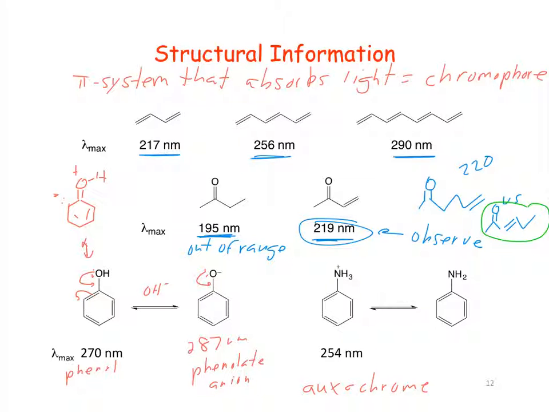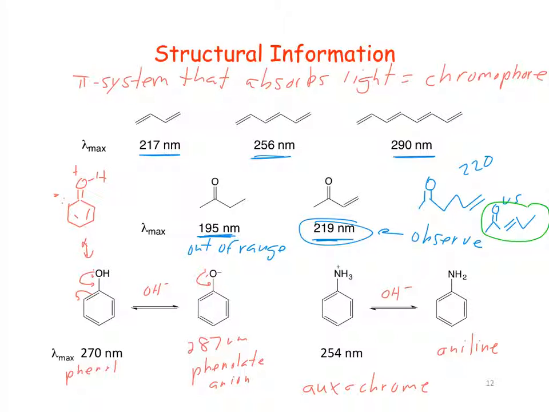So what do you think here? This compound is called aniline, right? It's got an amine group on the benzene ring. This is its ammonium ion. The ammonium ion absorbs at 254 nanometers. Like in the other one, if we add some base to this, we can deprotonate the ammonium ion to give this free amine.